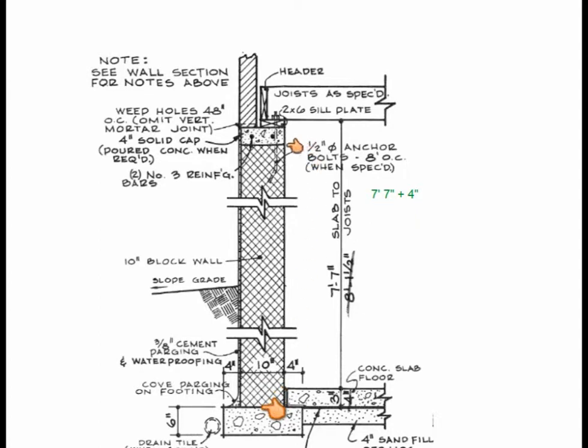Then you will need to subtract the height of the cap block, which is 4 inches, and subtract the height of the 2x6 sill, which is 1 1/2 inch.